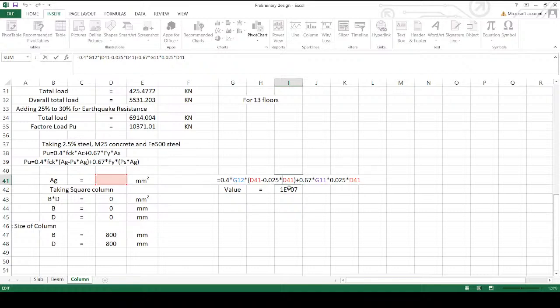You select it and press enter. You get the value 0 here because there is no value, and the right side value is Pu.